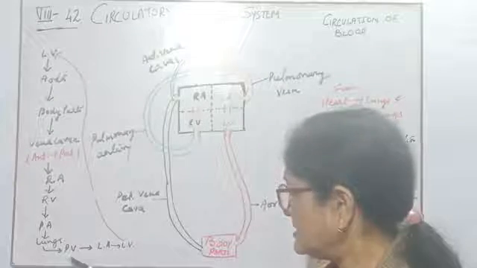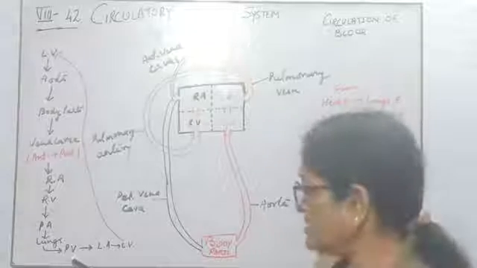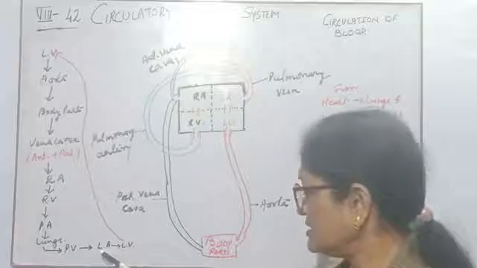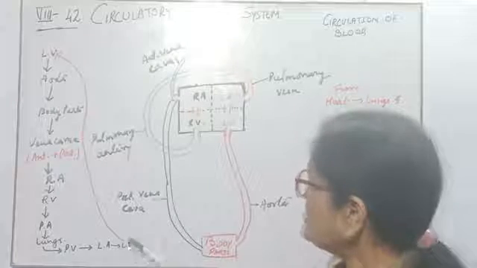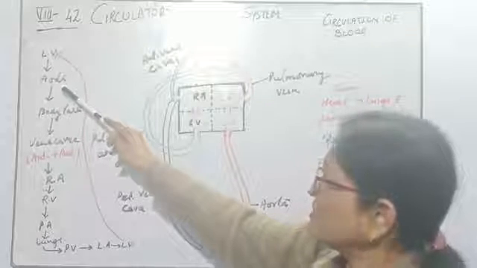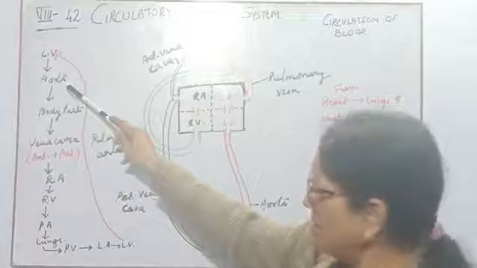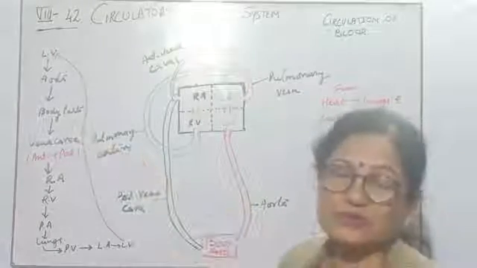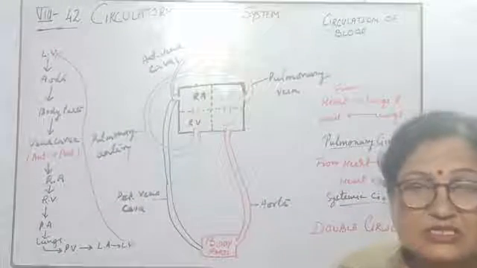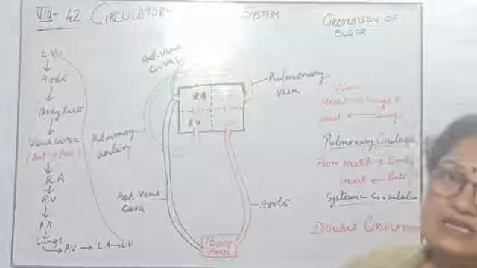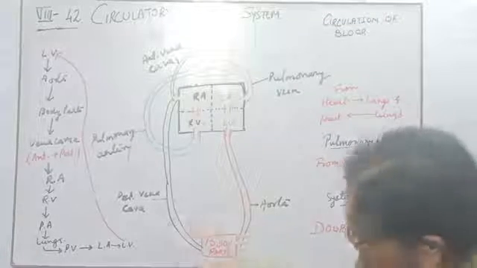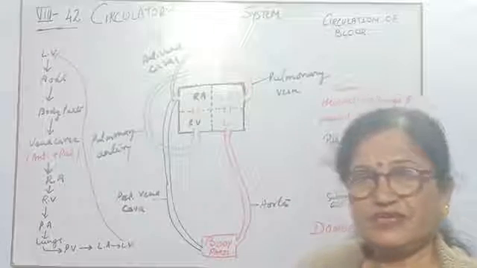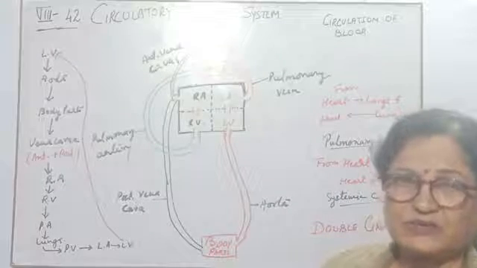Then the lungs will send the blood through the pulmonary vein into the left auricle. From the left auricle it will go to left ventricle. Again from the left ventricle blood will pass to the aorta, and from the aorta again come to the body parts. So children, this is why it is known as circulation. Again from elsewhere we can start, and again we will reach the same place.